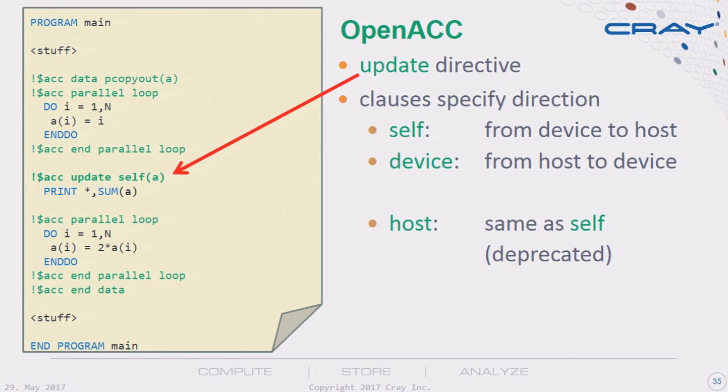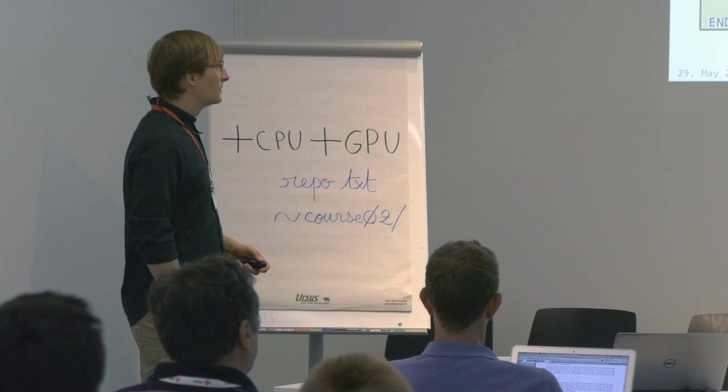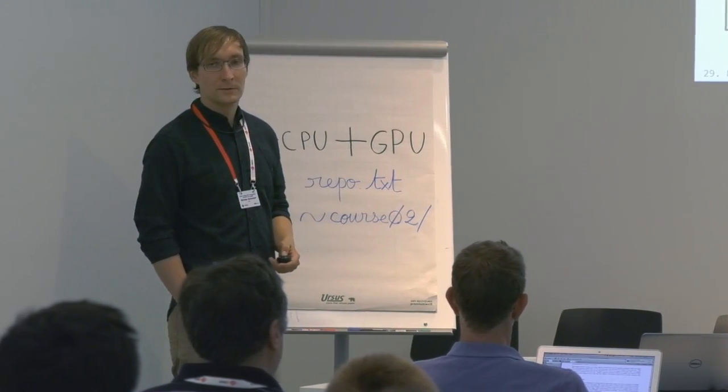Is it still effective to do that if you have A of I equal to 2 times A of I minus 1? You mean here in that kernel? Yeah, inside, then you would have to update every time. You perhaps cannot parallelize it in this case at all.